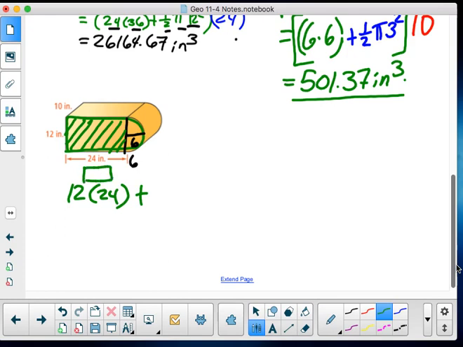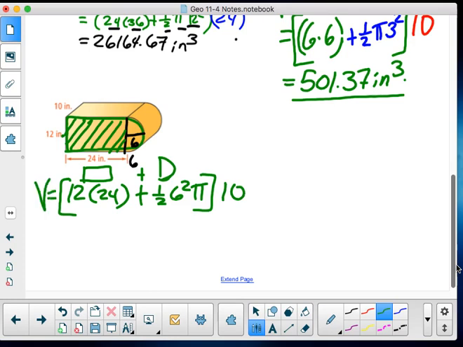Remember, I'm doing my rectangle plus my half circle. And my half circle is extra, so it's 1/2 of 6 squared pi, because 6 is my radius, and I can know that because of half of 12. Okay, so now I've got this as my base, and then I'm going to multiply it by my height of 10. So that's my volume.